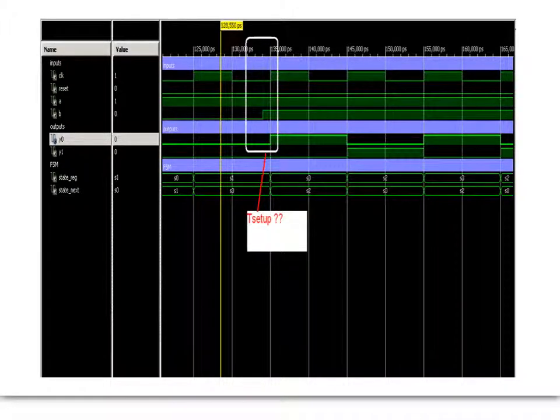So if you haven't quite spotted yet what the difference is between the Mealy and the Moore implementation, you could in your simulation look at some of the things regarding assignment of the outputs. We have y0 and we have y1 that both get assigned based upon what state we're in.